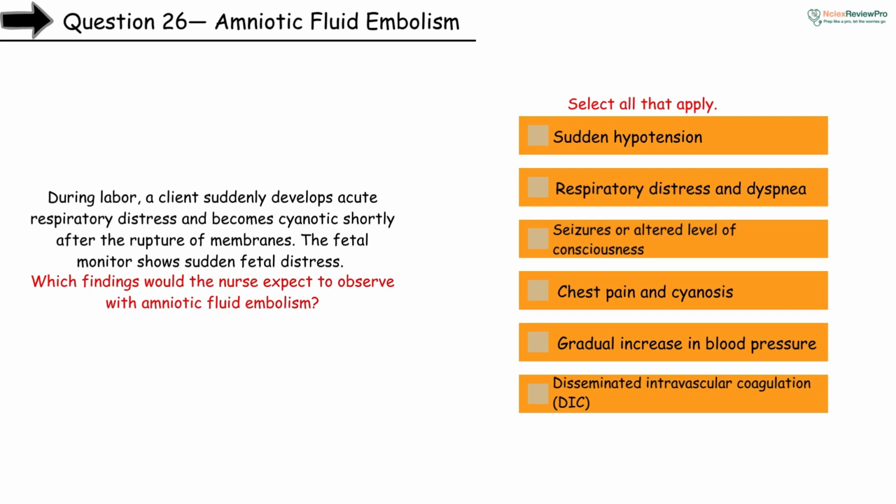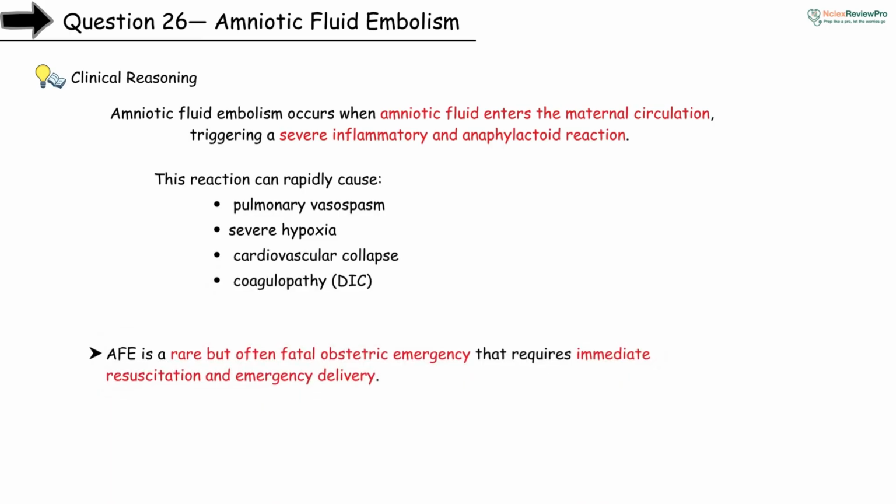The correct answers here are sudden hypotension, respiratory distress and dyspnea, seizures or altered level of consciousness, chest pain and cyanosis, disseminated intravascular coagulation. Let's break down the clinical reasoning.